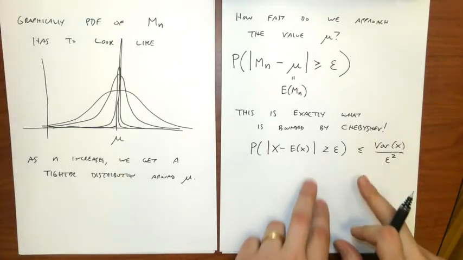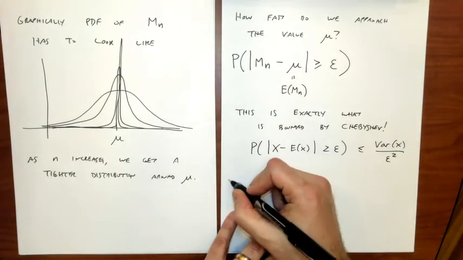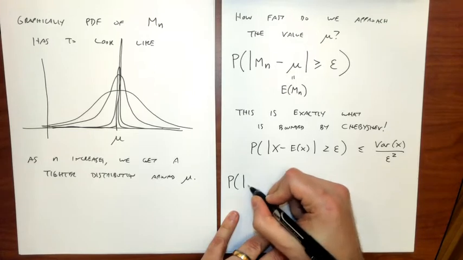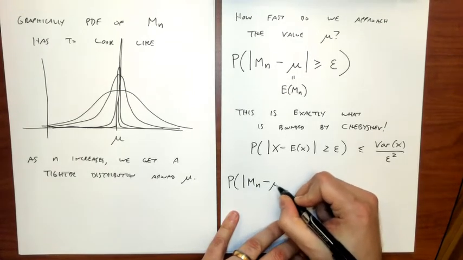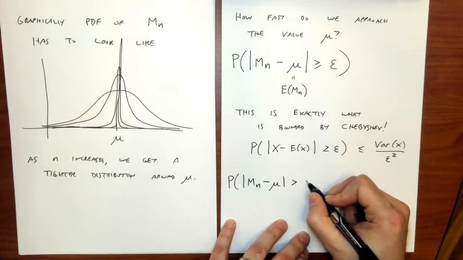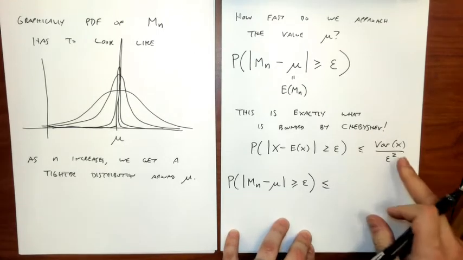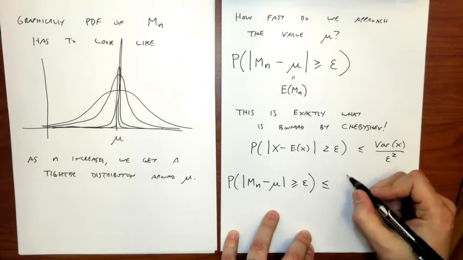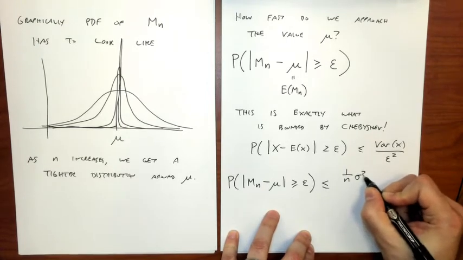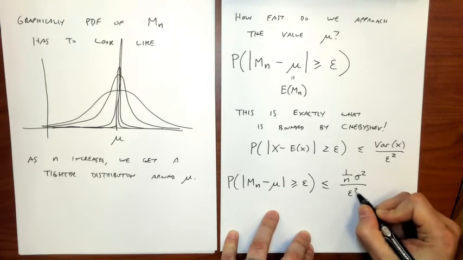And so if I apply that to this problem, that's like saying the probability that the mean is further away from its expected value than epsilon is bounded by the variance of this thing, which I learned was 1 over n sigma squared, over epsilon squared.